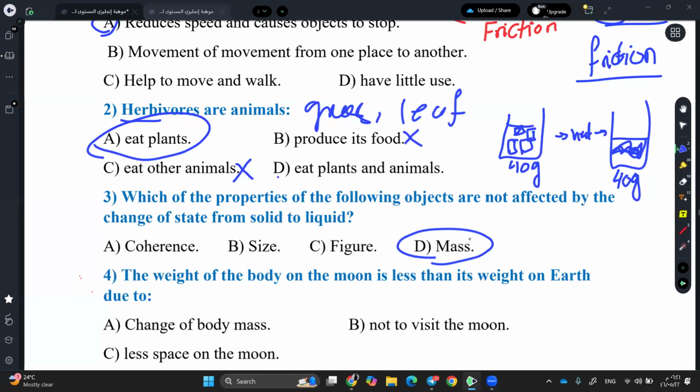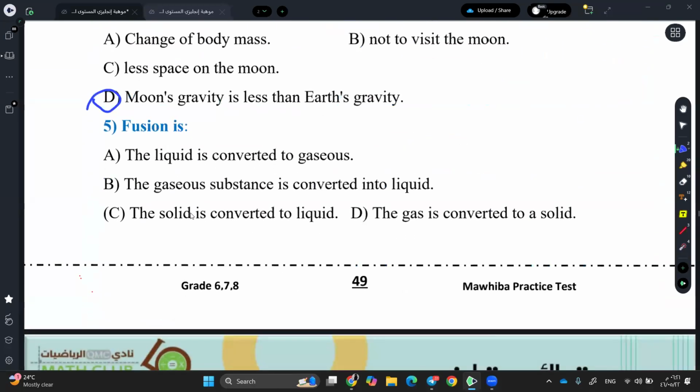So the same ice, when we put it on heat, we will see that it has the same mass. So the thing that is not affected by the change of the state of matter is going to be the mass.